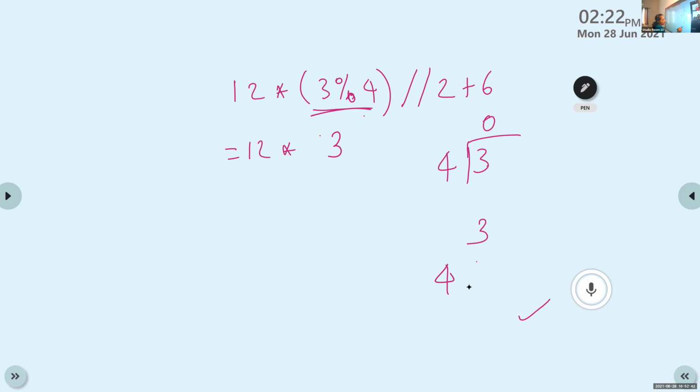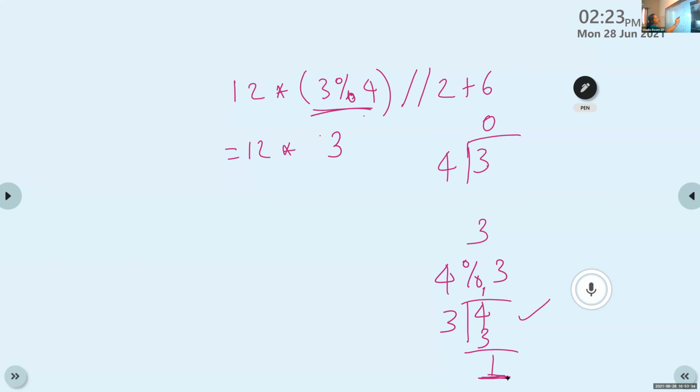If it is 4 mod 3, 4 is divided by 3, quotient is 1, remainder is 1, so the result is 1. You got the difference? Yes, ma'am.